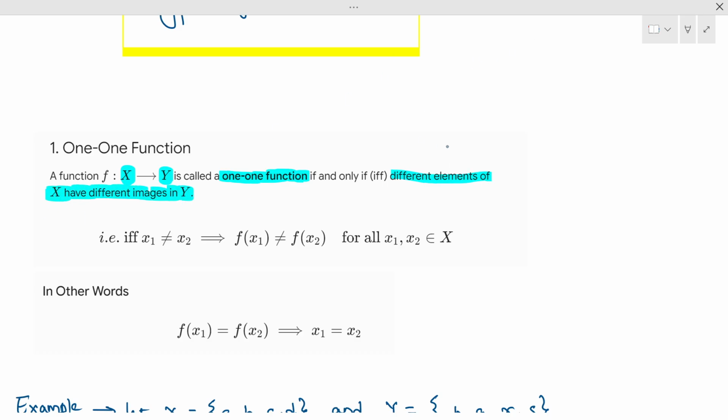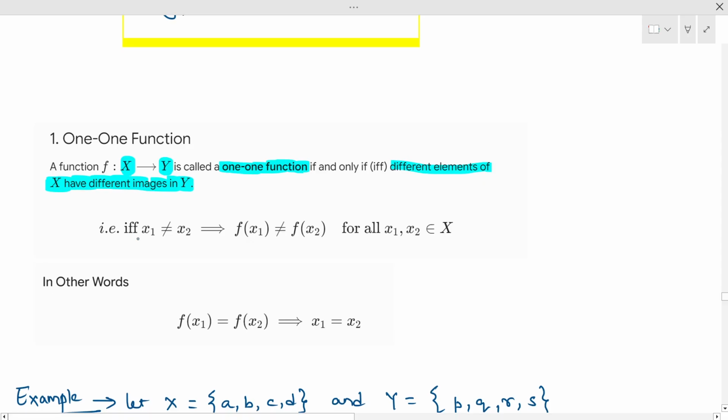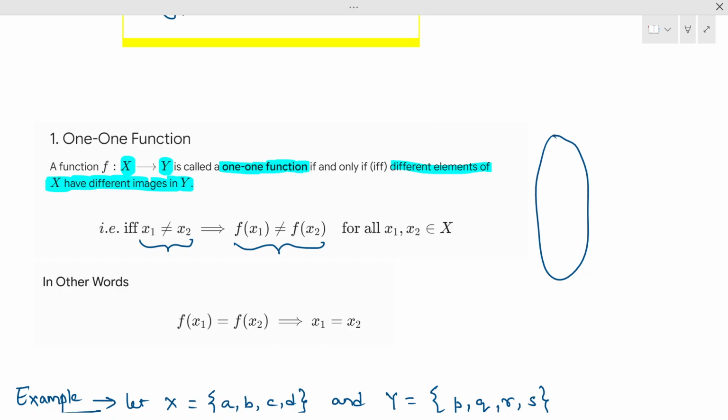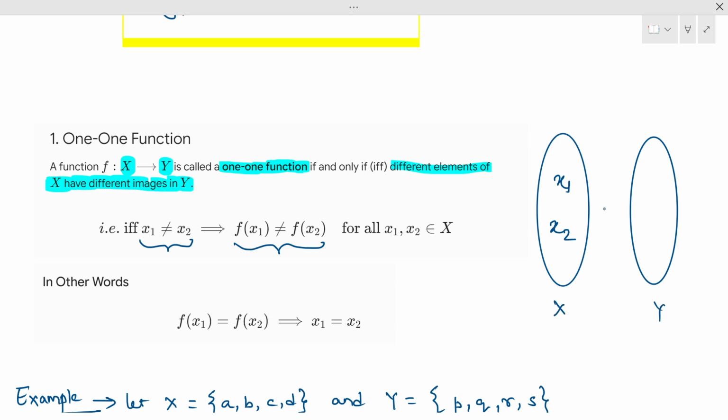It means that if we consider two distinct elements x1 and x2, their images should be distinct, so f(x1) is not equal to f(x2), for all x1, x2 in x.